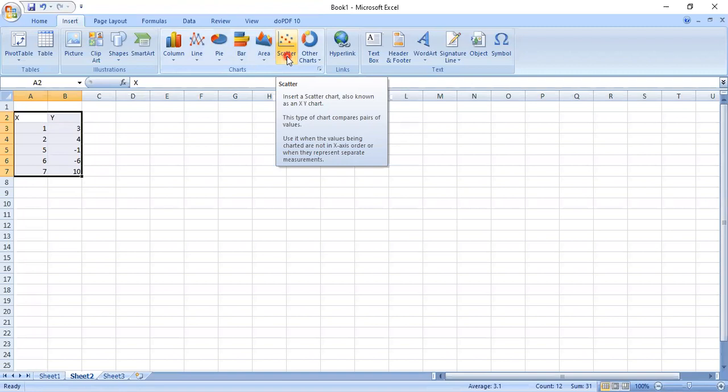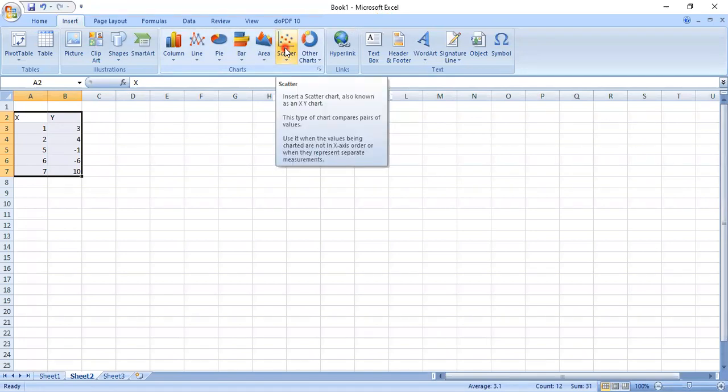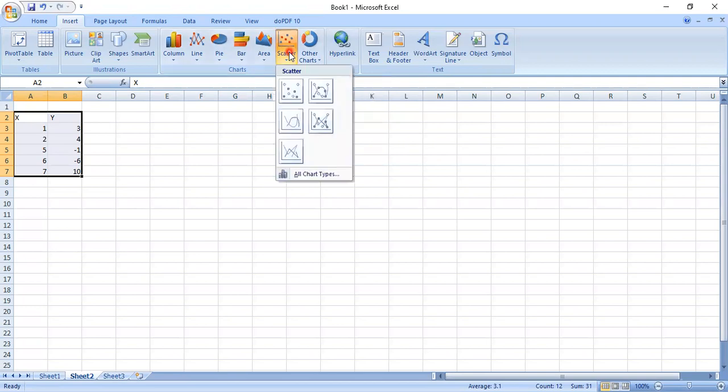Scatter plot: it helps us insert a scatter chart, also known as an XY chart. This type of chart compares pairs of values. Also, it is written, use it when the values being charted are not in x-axis order or when they represent separate measurements. So I am going to select this scatter plot, and from this, I'm going to select this one.